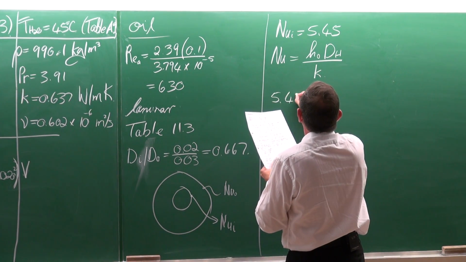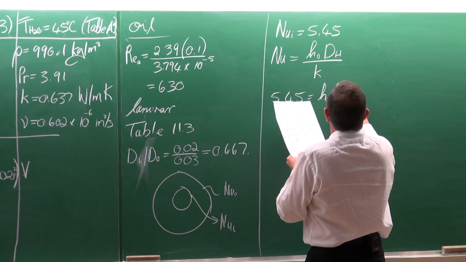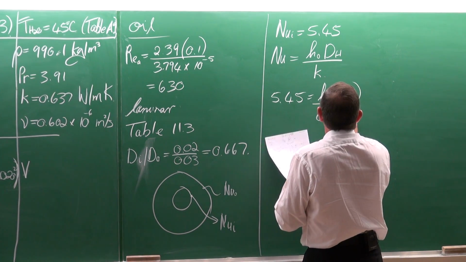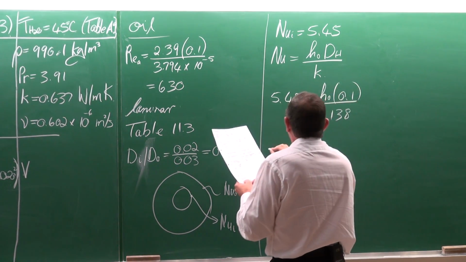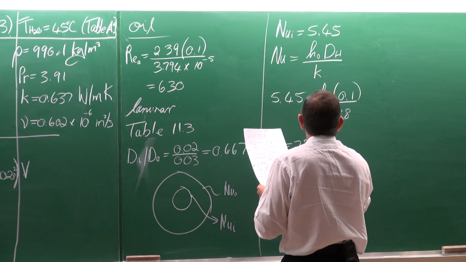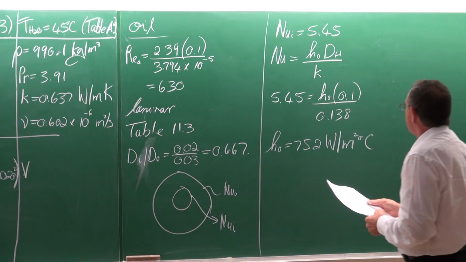The Nusselt number is 5.45, which is equal to the heat transfer coefficient times the hydraulic diameter, 0.1, divided by the thermal conductivity, 0.138, and that gives us a heat transfer coefficient of 75.2 watts per square meter degree Celsius.